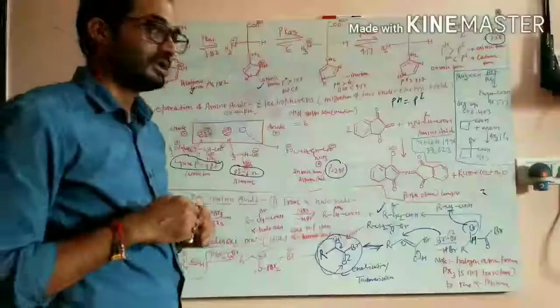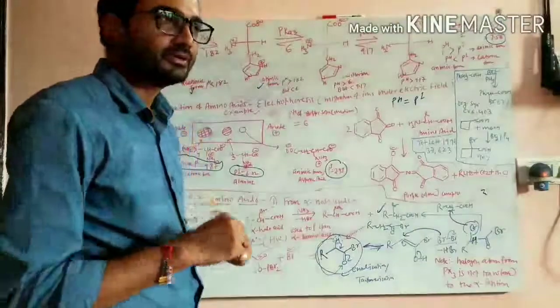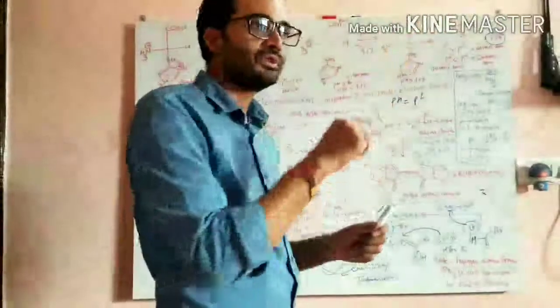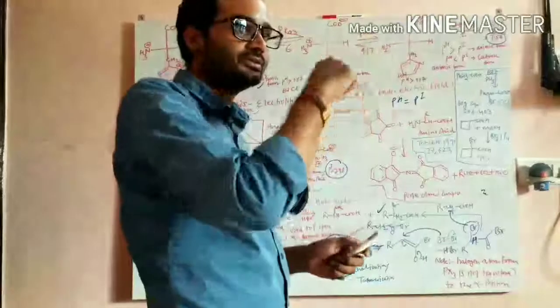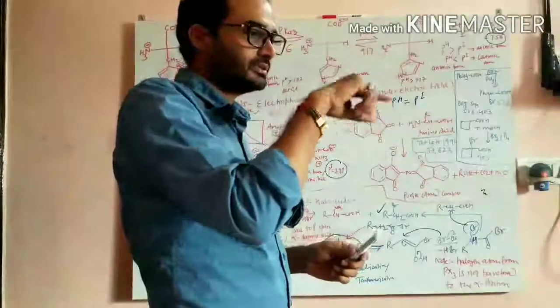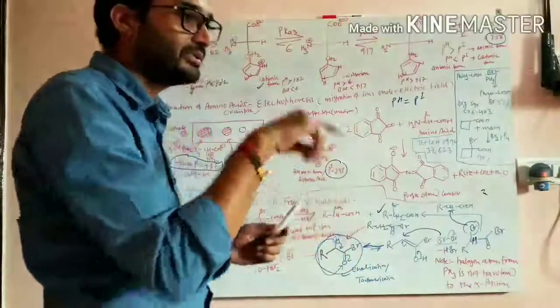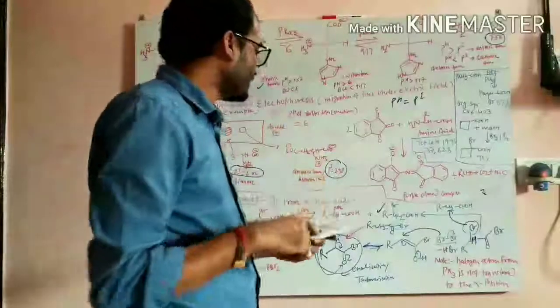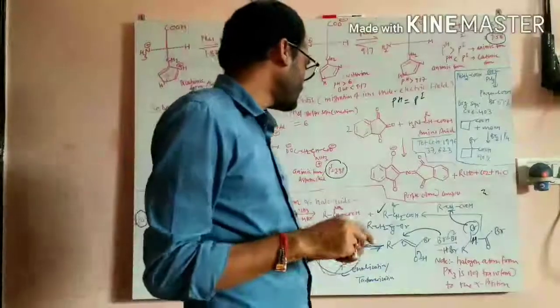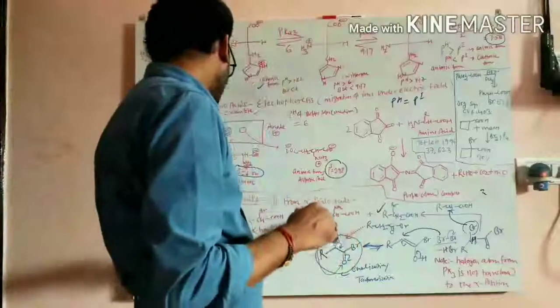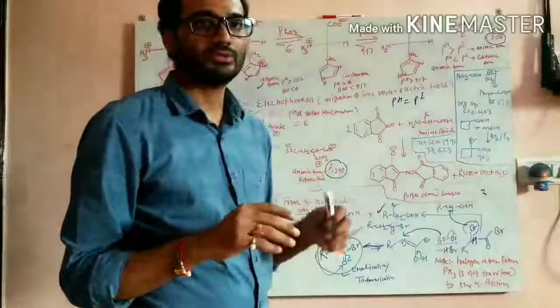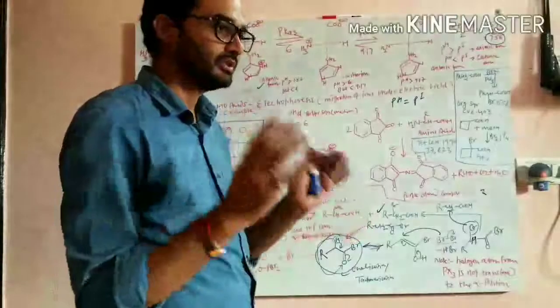This is the acid bromide. Again it will go into the reaction, and this cycle will continue again and again until the starting material is consumed, that is, until the carboxylic acid is available. Once the carboxylic acid is completely consumed, the reaction will be completed. Okay.